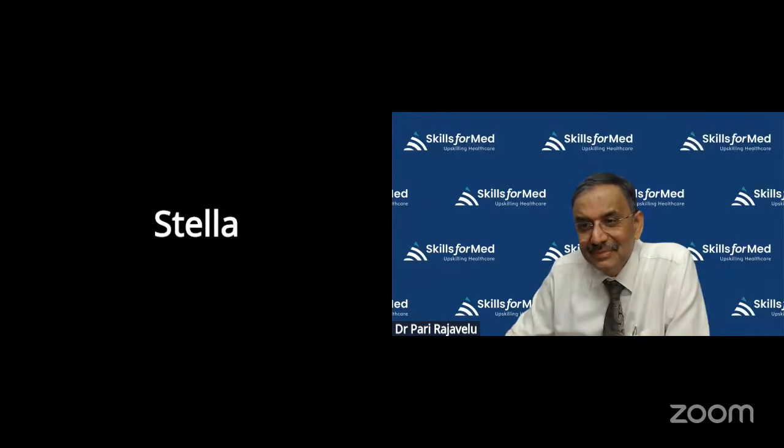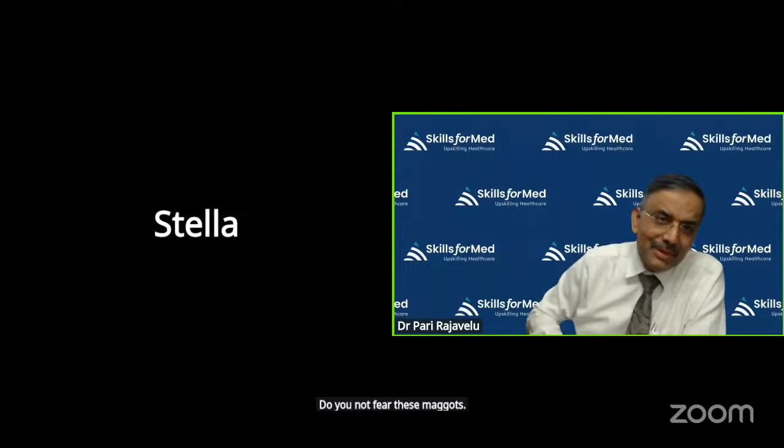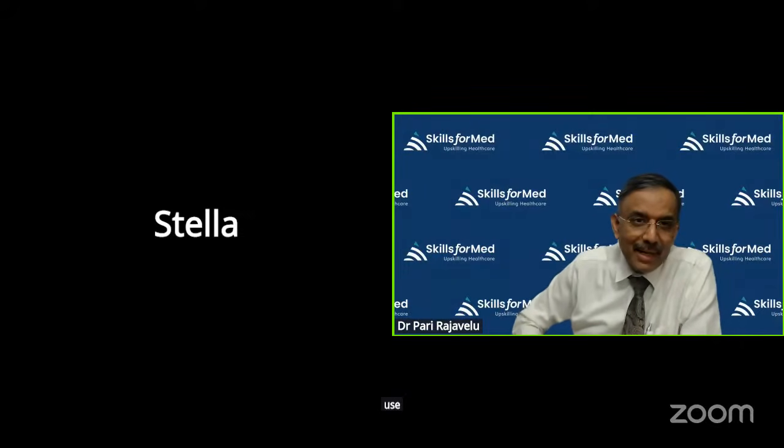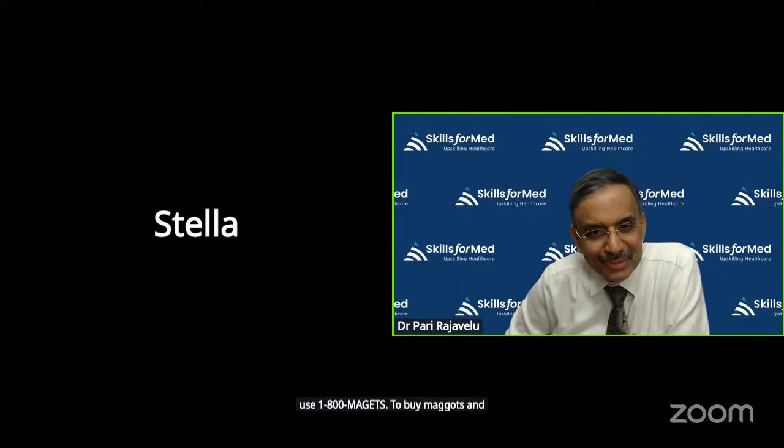In badly infected wounds, actually, maggots are a good thing because these maggots clean up the wound, debride the wound very well. You need not fear these maggots. Yeah, when I was working in the UK, you could actually buy maggots and put them on the wound, no dirty wounds.